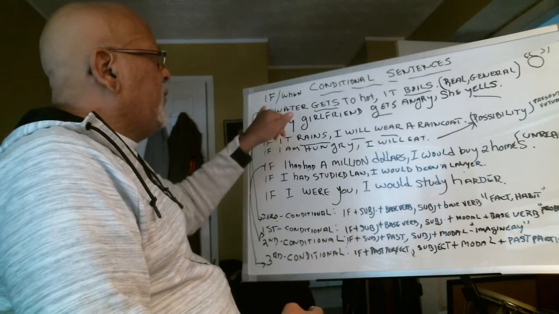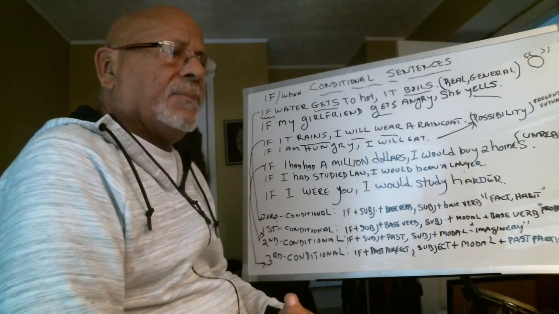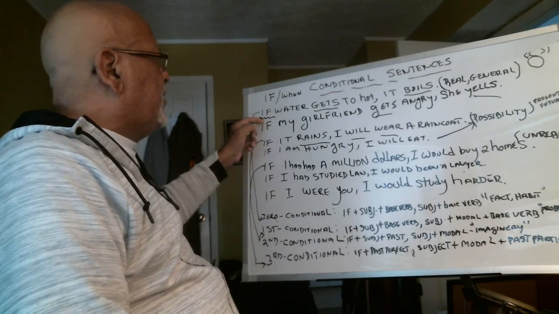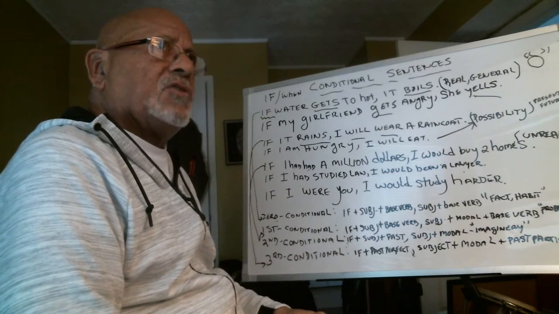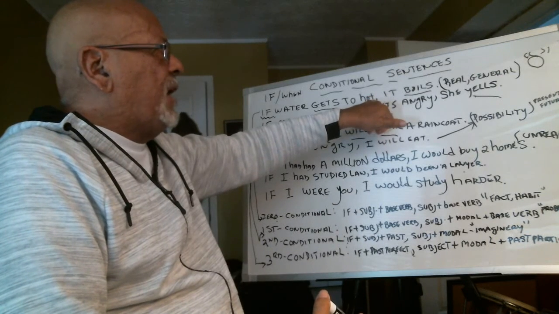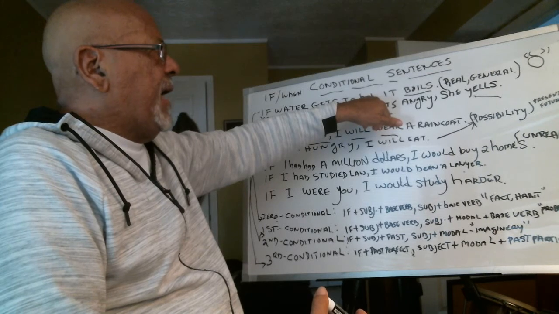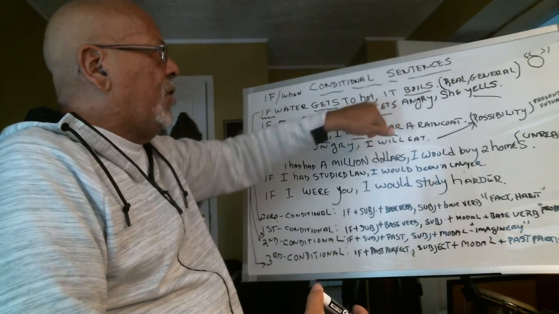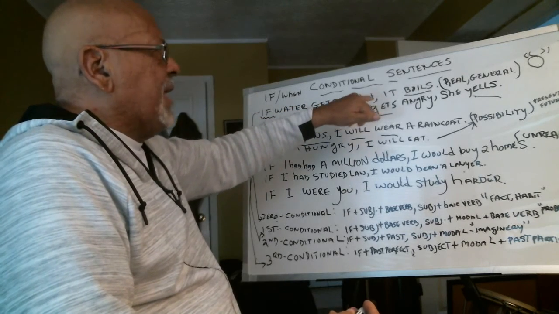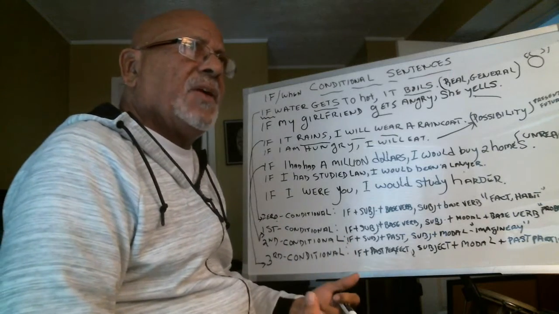First sentence: if water gets too hot, comma. Now remember, we're starting the sentence with a subordinating conjunction. So that's a dependent clause, and we have to place a comma at the end of the dependent clause. If water gets too hot, it boils. That's a scientific fact.